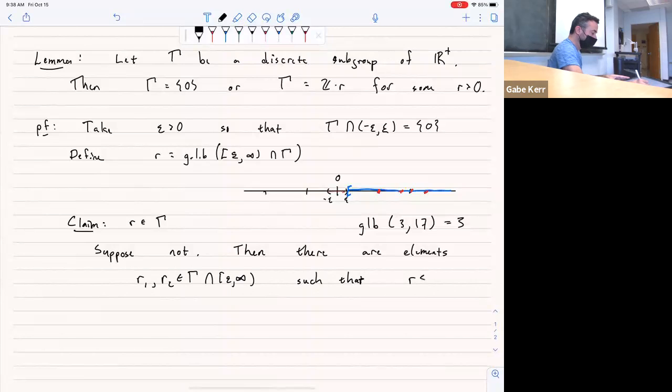So R is less than R1, and that's less than R2, and this is less than R plus epsilon.